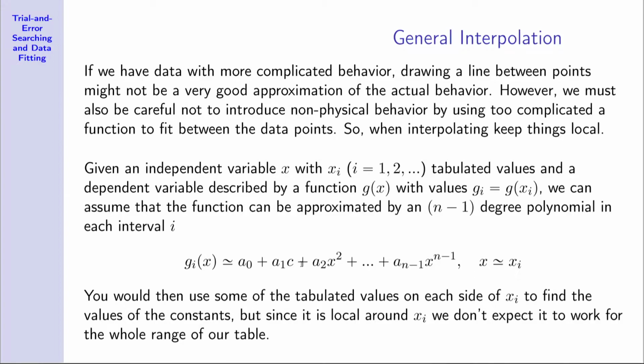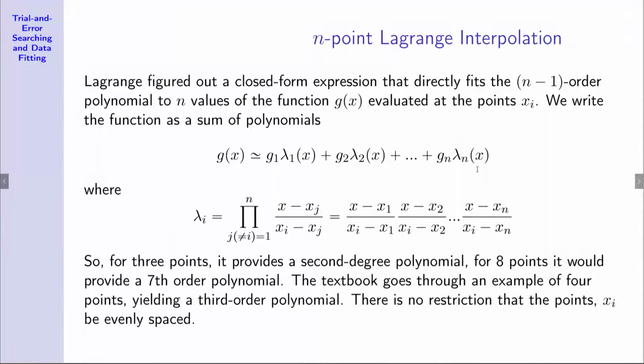Okay, so the way to do this was worked out by Lagrange. He worked out a whole lot of mathematical stuff, and there's plenty of things that have his name attached to them. So he figured out a closed form expression to actually figure out what this polynomial should be.